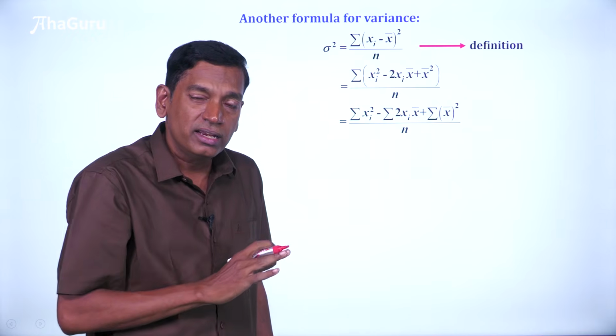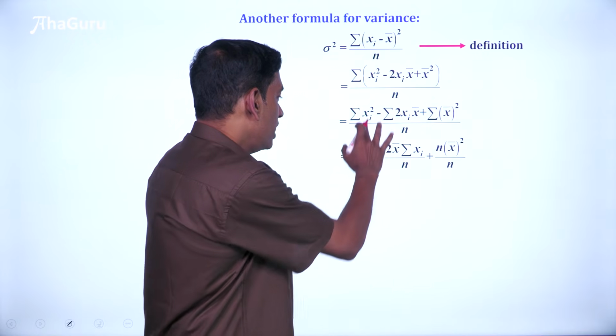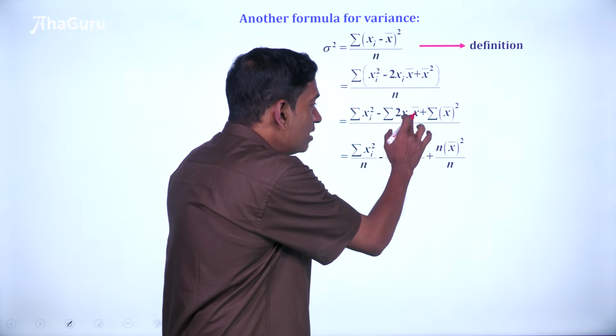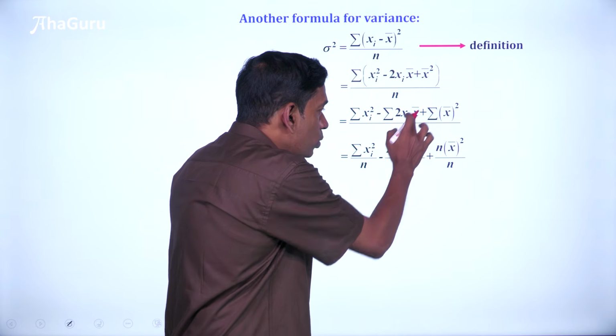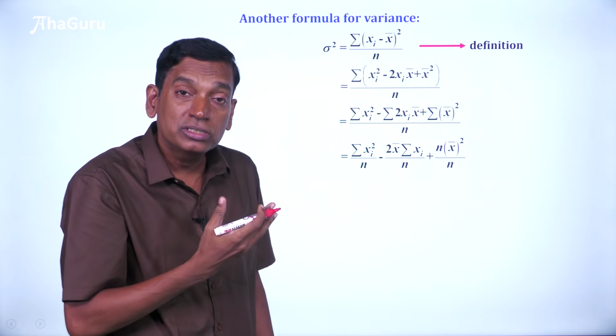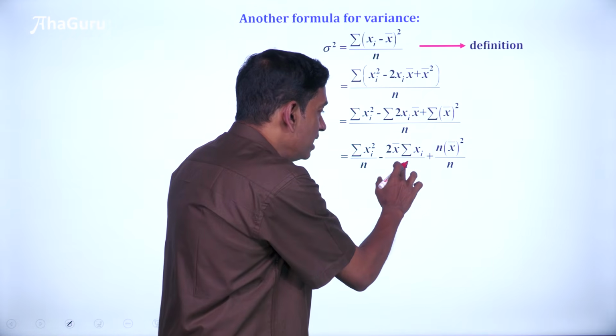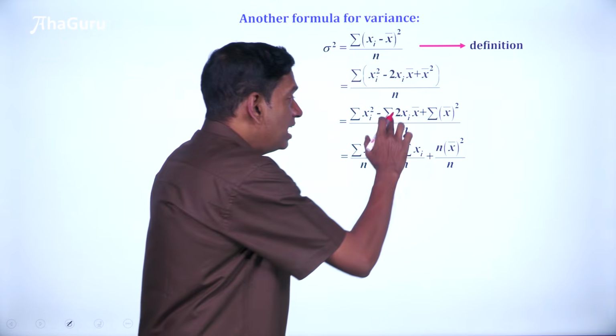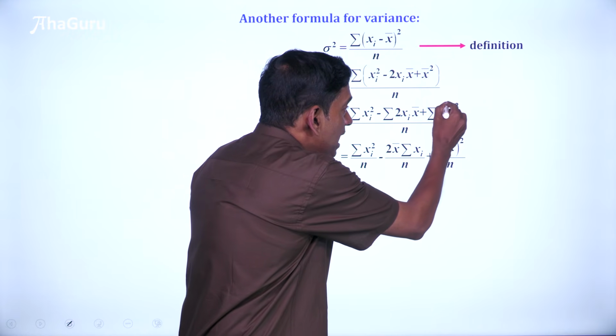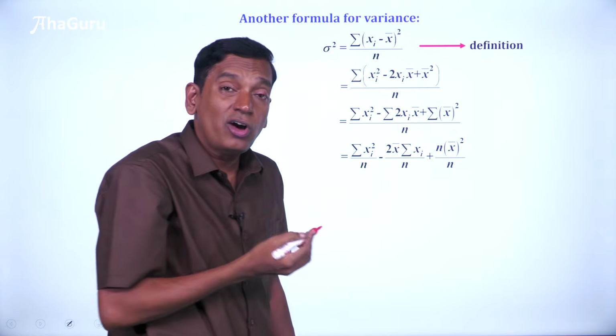Summation xi square is going to just be the same, divided by n. Here what we have done is we have taken 2 and x bar out, because they are both constants for the summation. So you have summation xi and then divided by n. The last term, x bar square is a constant.